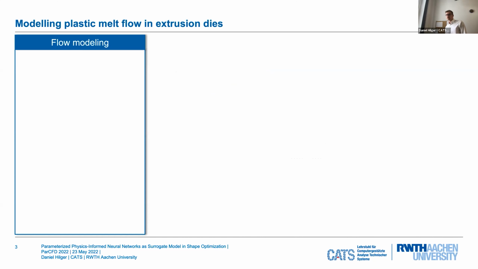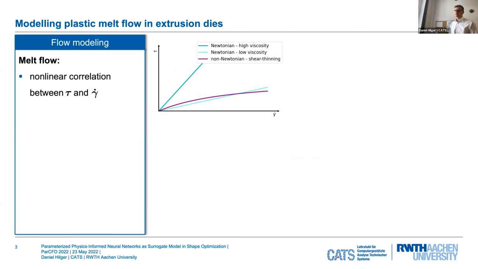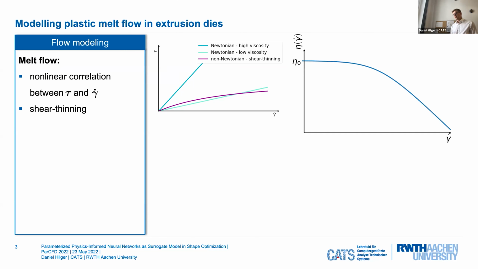When it comes to modeling these plastic melts, we have to be aware that plastic melts don't show this Newtonian linear correlation between shear stress and shear strain, but a nonlinear correlation. Often in plastic melt modeling, we model the behavior via shear thinning models, where we model the viscosity of our material in dependence of the shear rate.